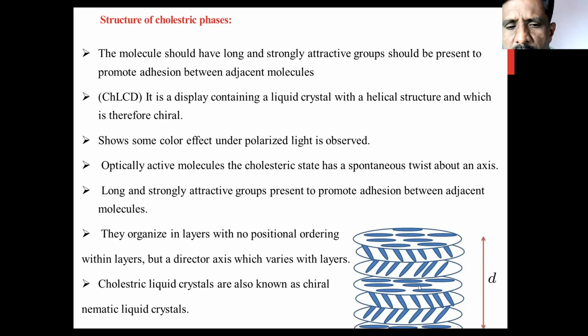Means there is no specific arrangement across the different layers. Each and every layer has a different positional ordering, and there is no definite ordering between them. That is why this is a very important characteristic: there is no positional ordering between the different layers.